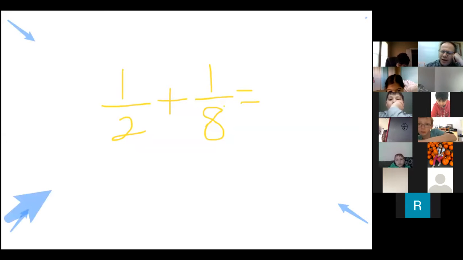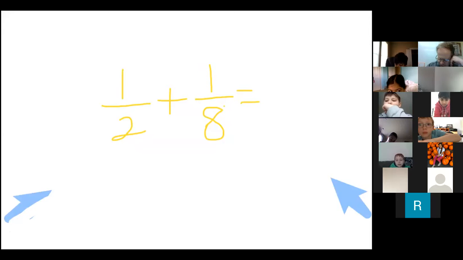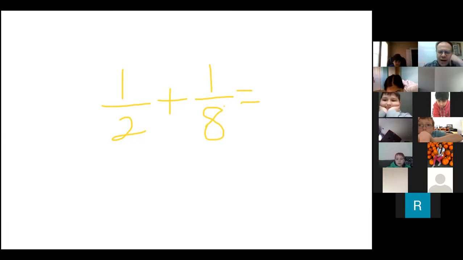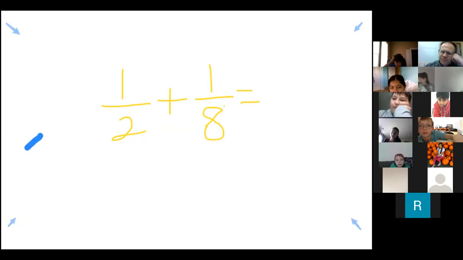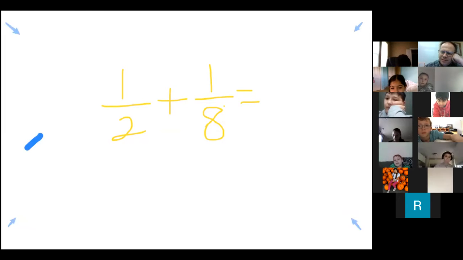No. What kind of a denominator? Correct, Elizabeth. What has to be true about the denominators, Giselle? They have to be the same. That's correct. So what do we call that when they're the same? Starts with a C, ends with an almond. Come on, girl, put it together.